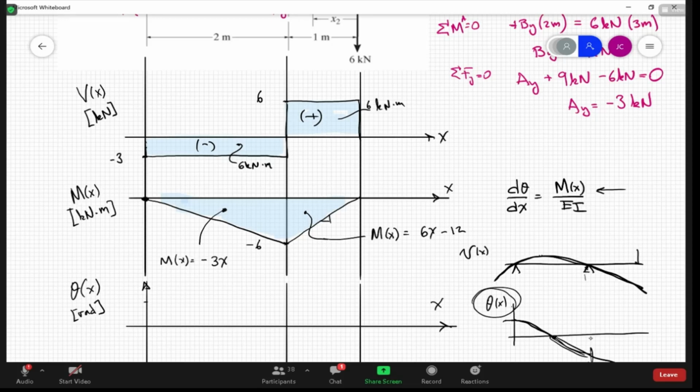Is that correct? No. Here it's 6x minus 18.